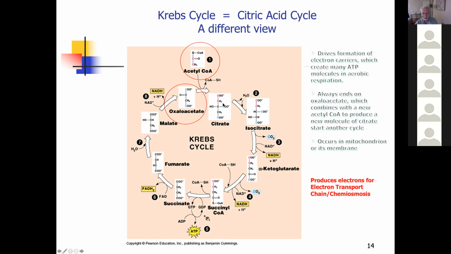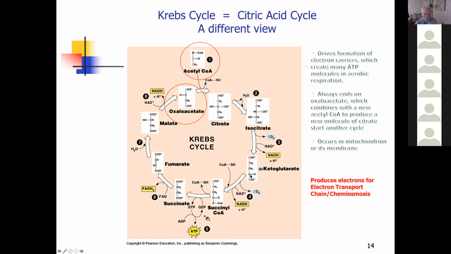Citrate is then transformed to isocitrate. Then the next step releases a carbon dioxide plus NADH and protons to give alpha-ketoglutarate, which now has 5 carbons because you've lost a carbon dioxide. Lost one of the blue ones. This one is lost to carbon dioxide.